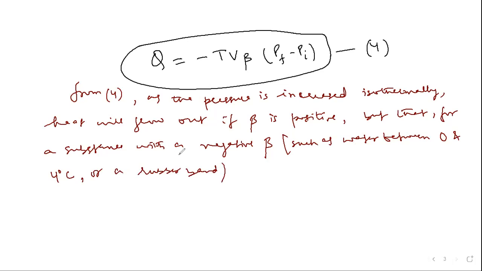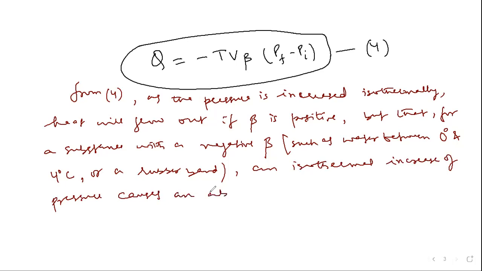What's the conclusion? For a substance with negative beta, such as water between 0 degree and 4 degrees Celsius, or a rubber band, an isothermal increase of pressure causes an absorption of heat.